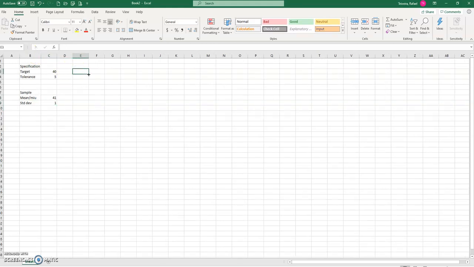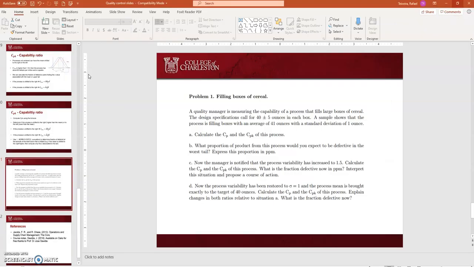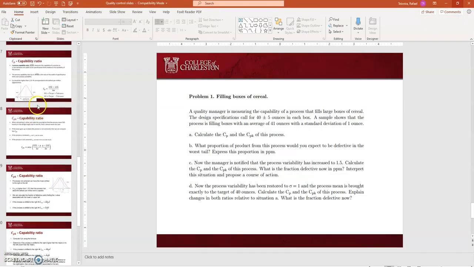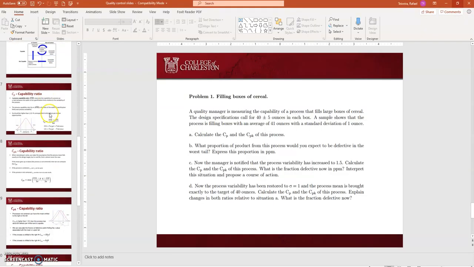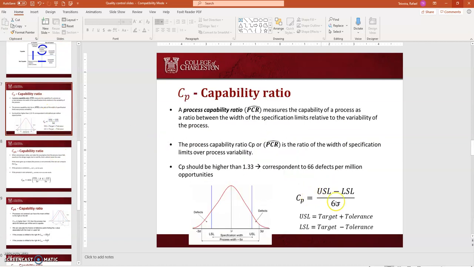That's the first step. Then to compute the capability ratios, we're going to use this formula here. So the first formula we're going to use is this. So I'm going to use this in Excel. This is the upper specification limit and lower specification limit.